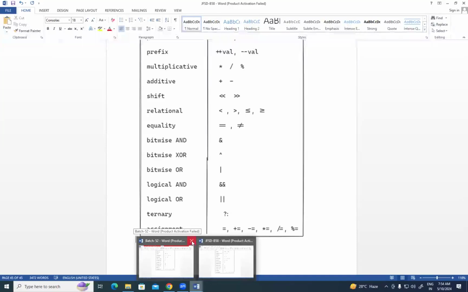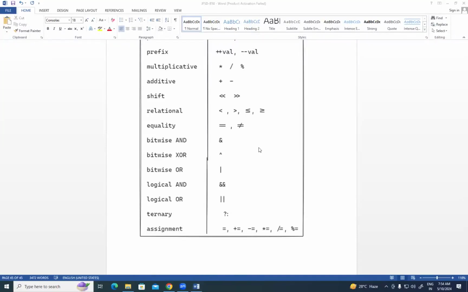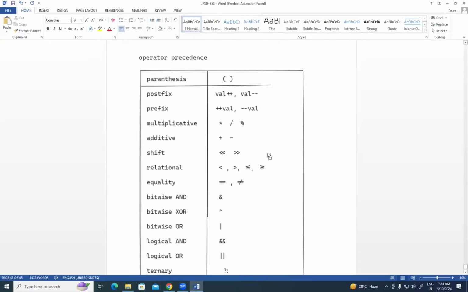This is the operator precedence table. The first priority goes to parenthesis. Anything included within parenthesis will be executed first. Anything inside that, first that will be executed.